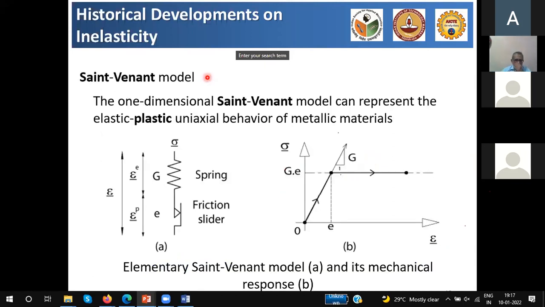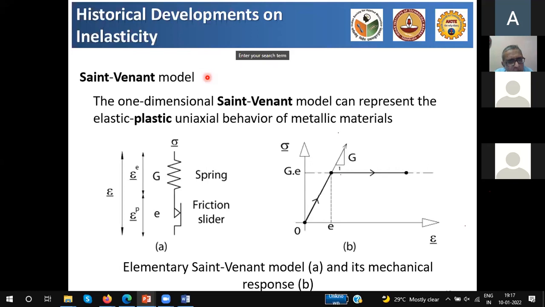So if you want to capture what Tresca tried to do, which I think was also developed by Saint-Venant and others, you require a spring which captures the elastic deformation. That means it can unload until you reach a critical point, and after that it starts slipping, just as a frictional block slips past a surface.